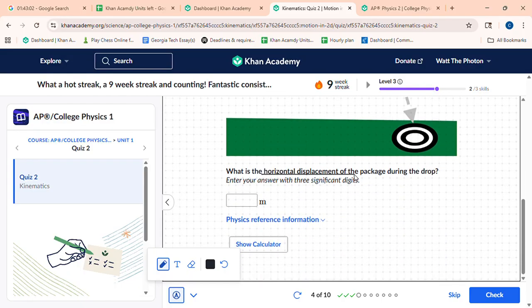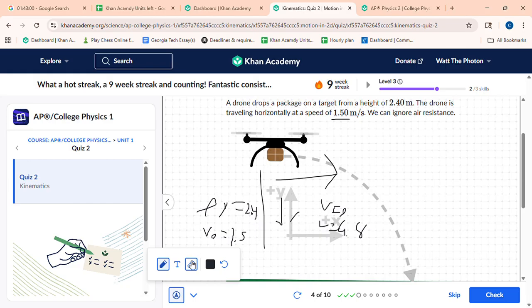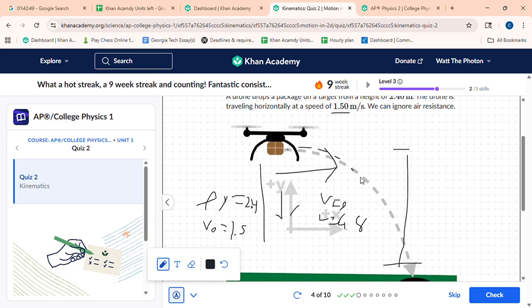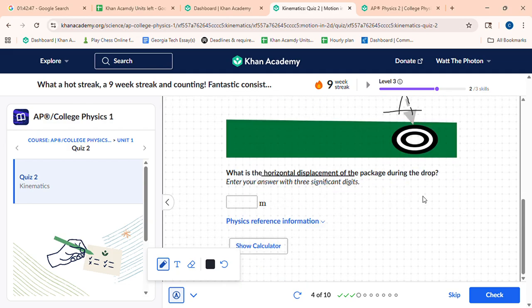What is the horizontal displacement? Okay, so from up to down, what is this displacement? Oh, is it talking about this? That line.